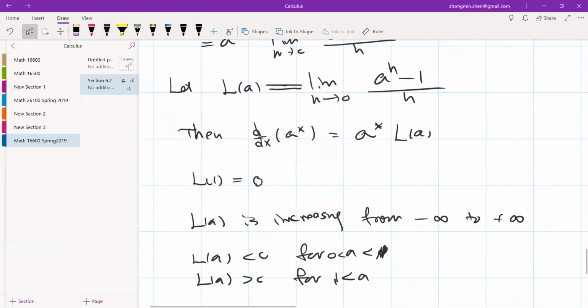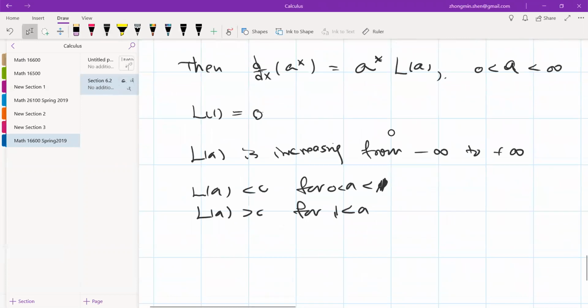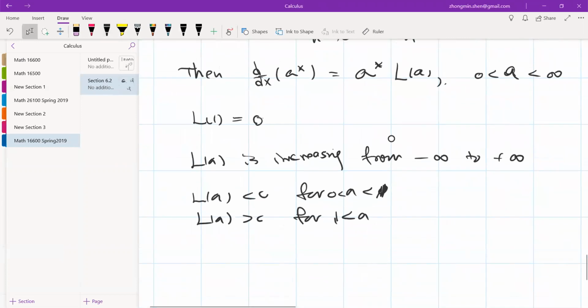The value increases from negative infinity, but we're only talking about positive a. That's good enough.